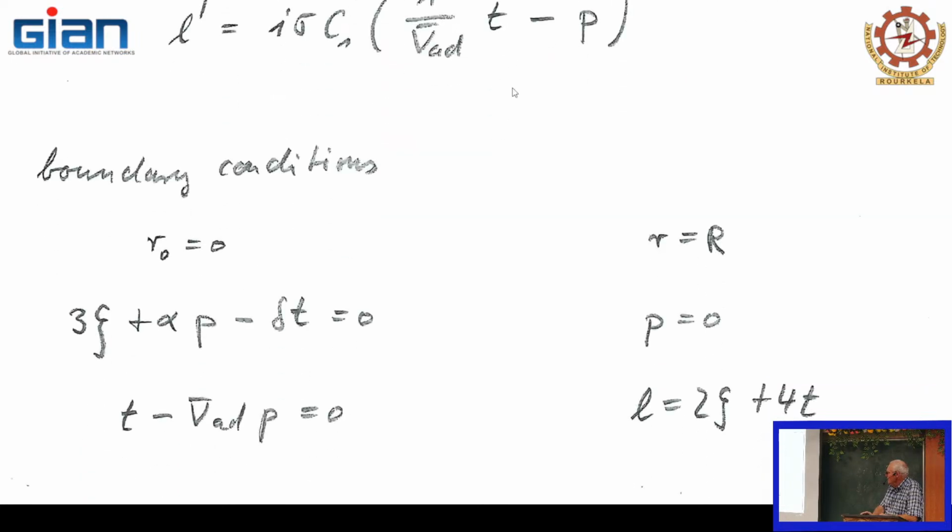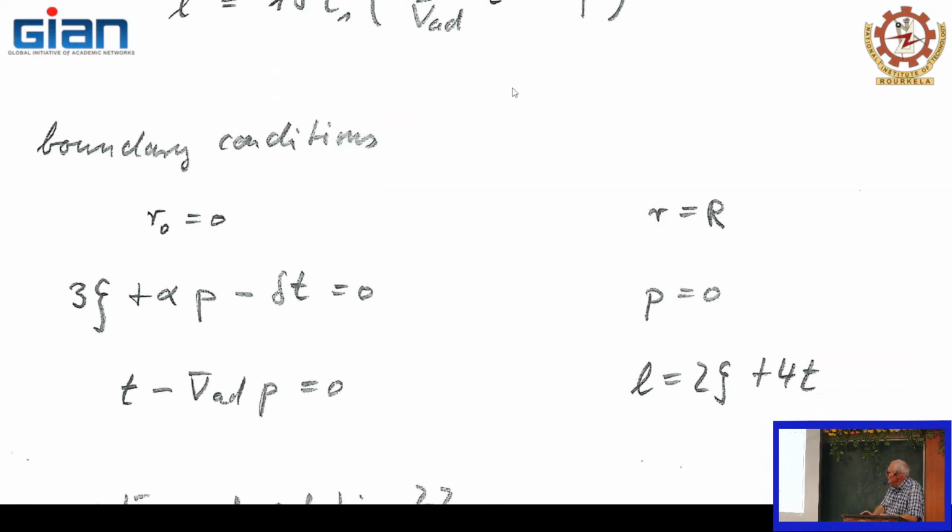We have four boundary conditions: the regularity conditions at the center, and the pressure-free surface, and the Stefan-Boltzmann law at the surface of the star.